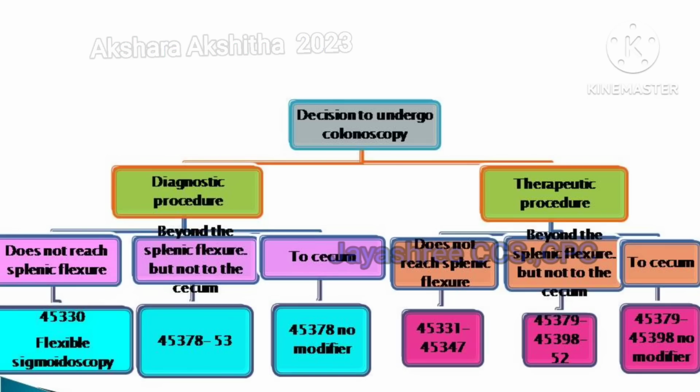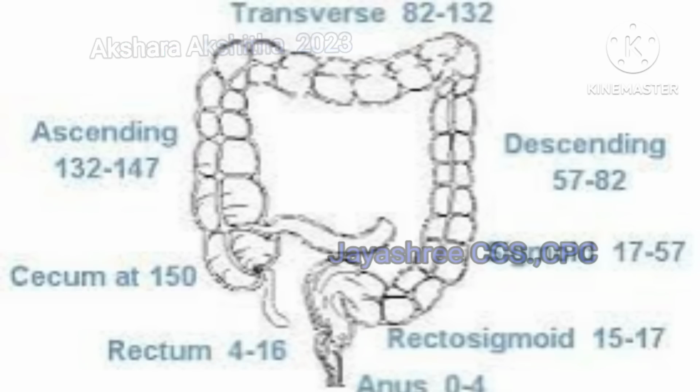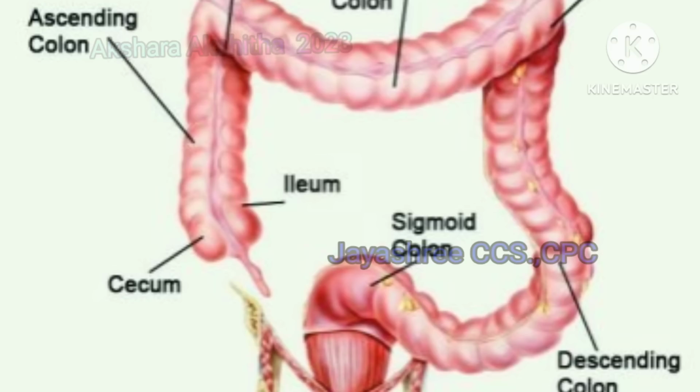Then the coding guidelines for this procedure I already explained in the last video. Whenever bleeding occurs as a result of this procedure, and the doctor performs a procedure to control that bleeding, we should not bill it with the main procedure. The control of bleeding CPT code is an integral part of the main procedure.